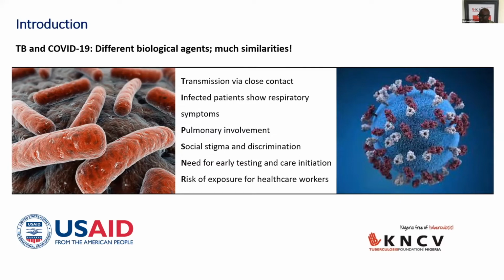The risk of exposure is very high among healthcare workers, both for TB and COVID. It is also worth mentioning that the same diagnostic tool came into this integrated intervention, GeneXpert technology.